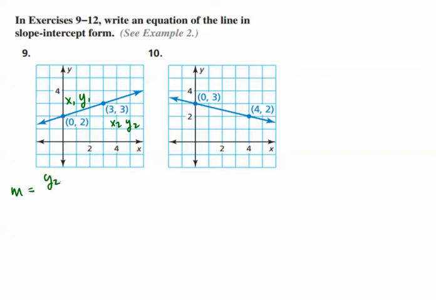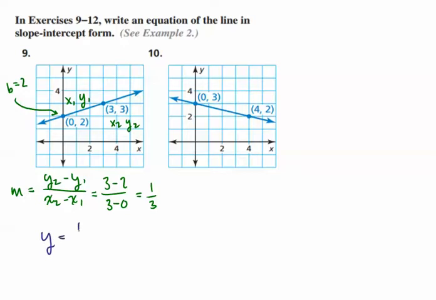M is equal to y2 minus y1 over x2 minus x1, is equal to y2 is 3 minus y1 is 2 over x2 is 3 minus x1 is 0, so we end up with 1 over 3, which we could have also calculated from the graph. So the slope is 1/3. We can see that the y-intercept is equal to 2. We write our equation. Y is equal to 1/3 x plus 2.